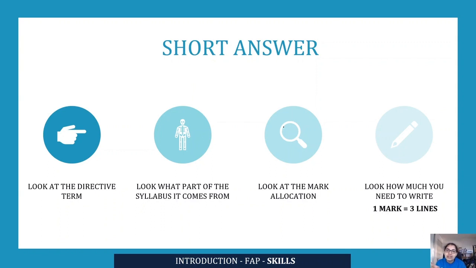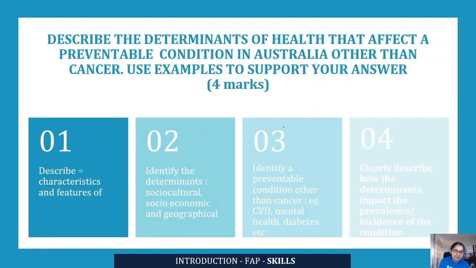The number of lines they give you is usually the amount they expect you to write, but you can definitely go more if need be. Obviously, don't spend too much time on your 3-4 markers and then ignore your 7, 8, 9 markers.